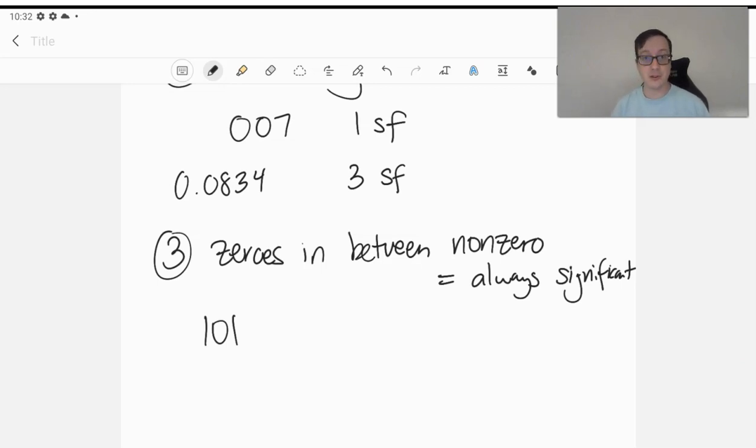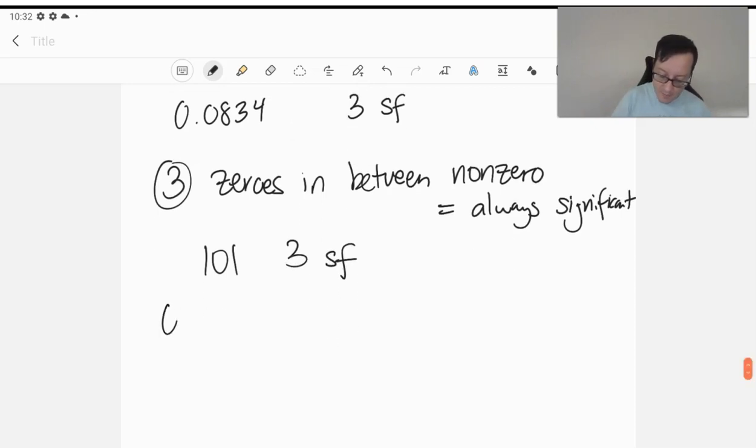That is a measured 0. Someone has measured between 100 and 110 and found that the measurement is very close to the 100 side, so 101 is there. The 1 and the 0 are known for certain, and the last one is the uncertain digit. So this is 3 sig figs.